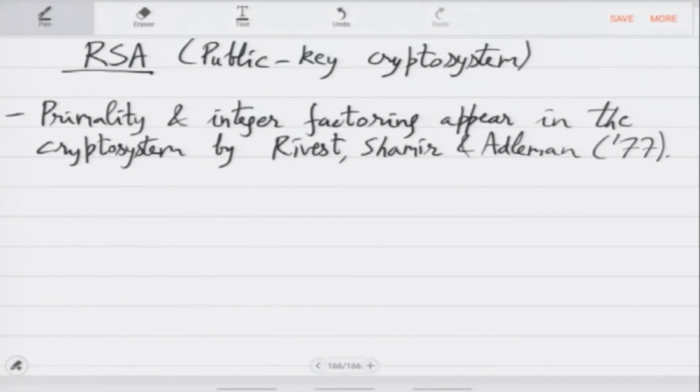So again we will show the encryption and decryption.